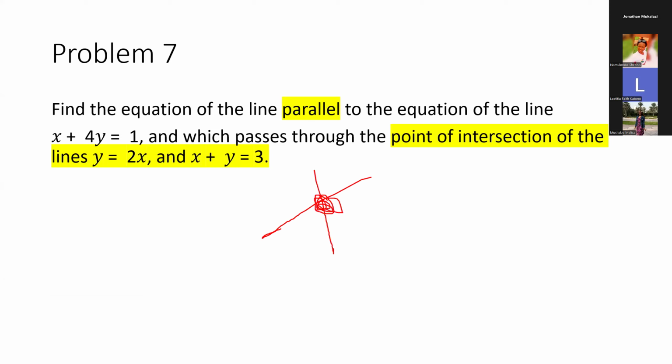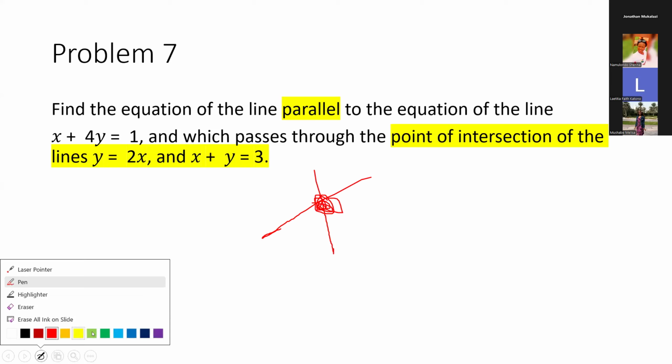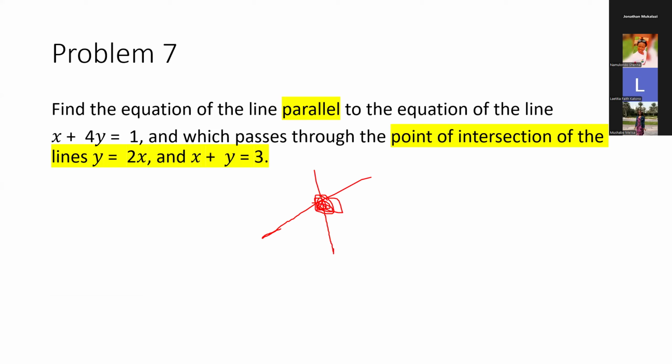I hope that makes sense. So they are saying the line we want to find passes through that point. Let me change a color. So this line here, whose equation we want to find, passes through this point here.